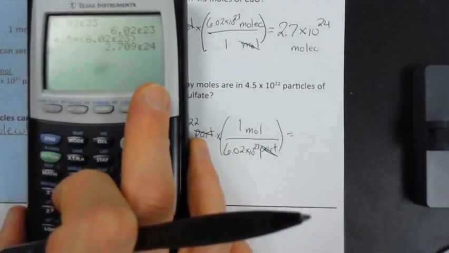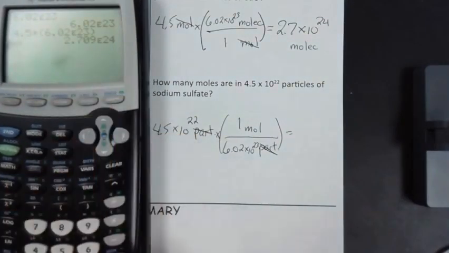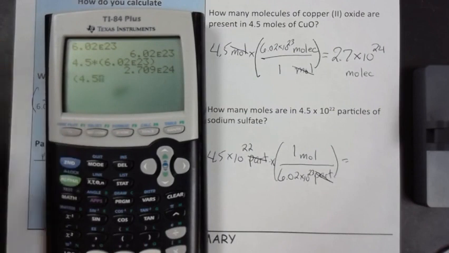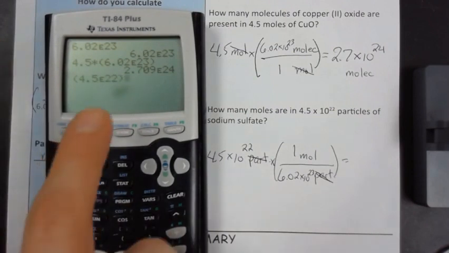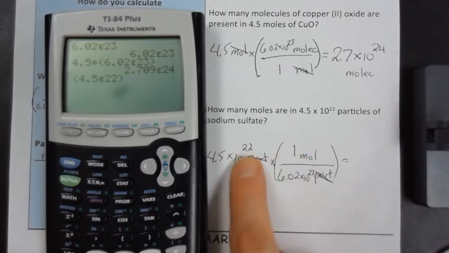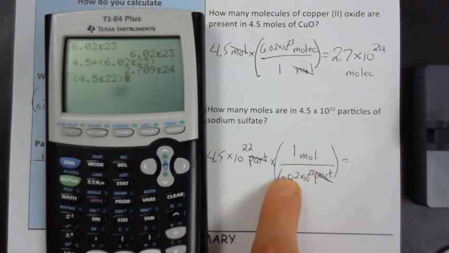Okay, so we're going to line this up so we can see it a little bit better. We've got our starting number, open parentheses, 4.5 EE 22. So that looks like 4.5 times 10 to the 22nd. And then we can multiply by 1, but any number multiplied by 1 is itself. So we're going to skip that step and then divide by the denominator.